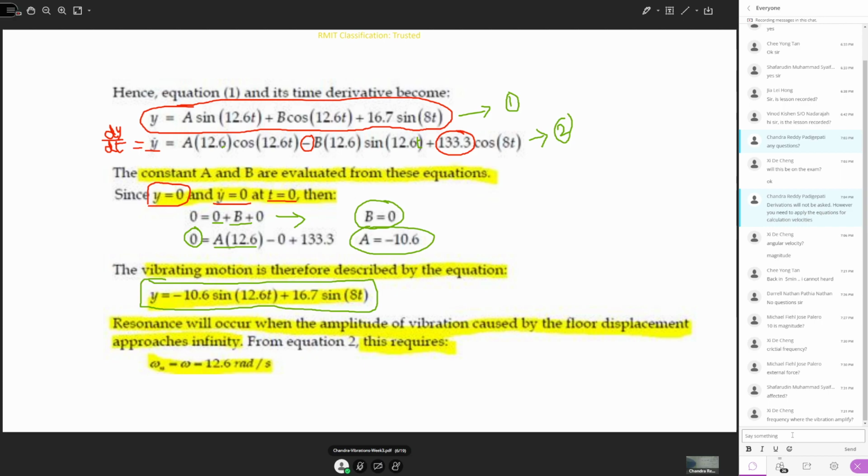Resonance will occur when the natural frequency becomes equal to the external frequency. We know omega n is equal to 12.6, right? So when the external frequency is also equal to 12.6, the resonance will take place. Resonance occurs when omega n is equal to 12.6.